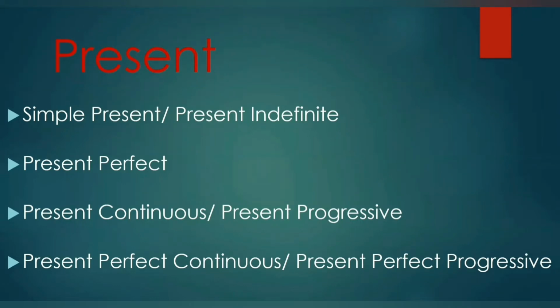In this respect, tenses can be classified into four types. Simple present, which is also called present indefinite, present perfect, present continuous or present progressive, present perfect continuous or present perfect progressive.